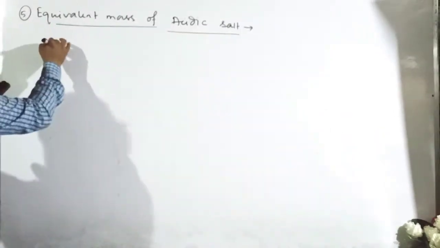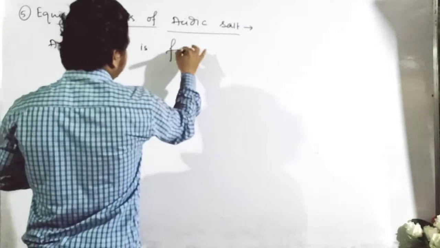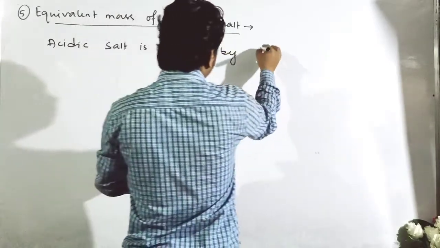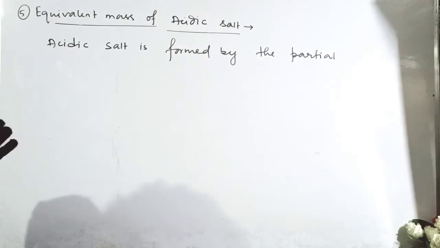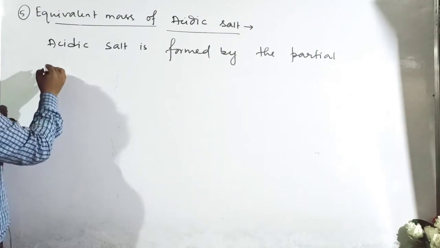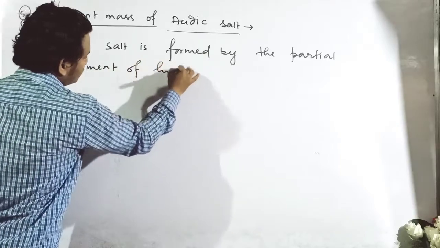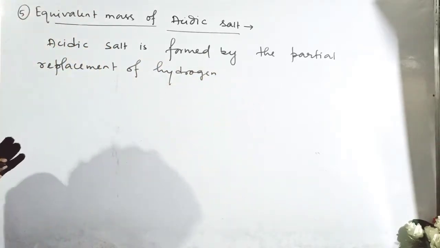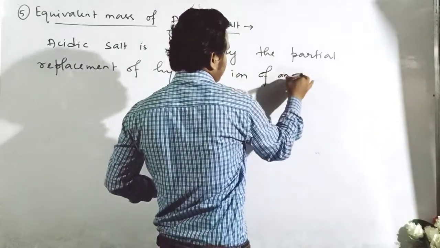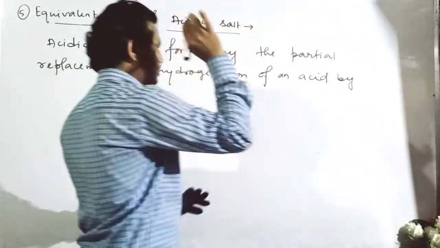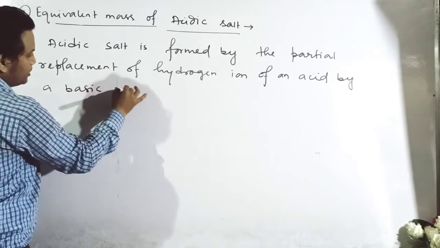Acidic salt is formed by the partial replacement of hydrogen ions of an acid by a base or basic radical, you can say.